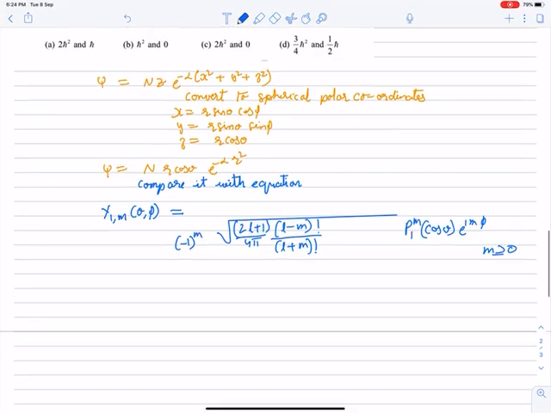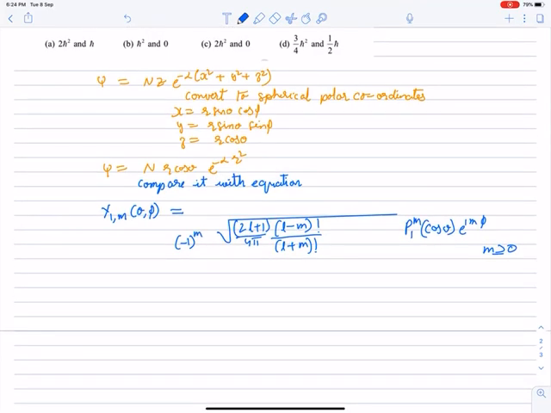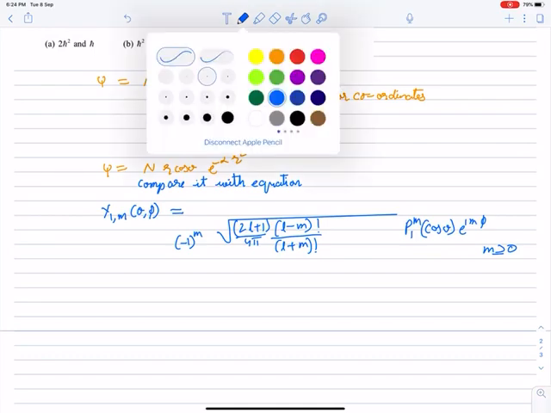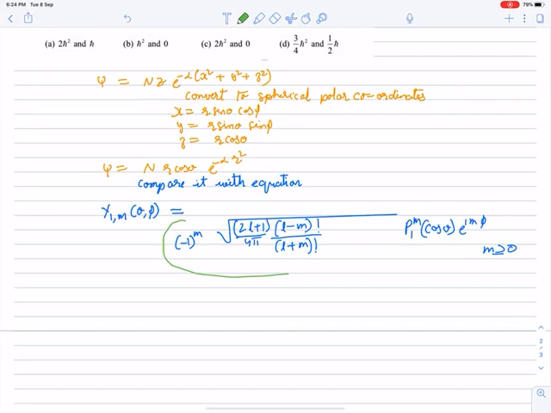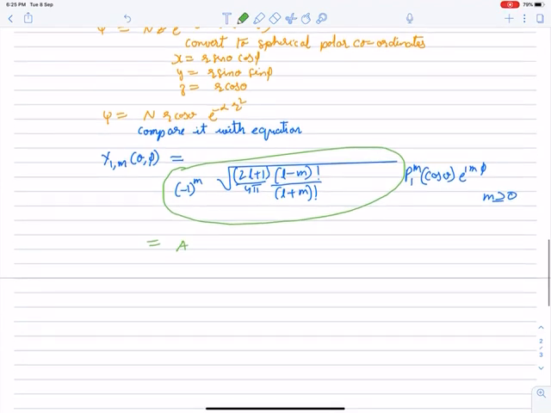So this is the whole formula, but you can treat it as a constant here. You can write it as A P l m (cos theta) e to the i m phi.